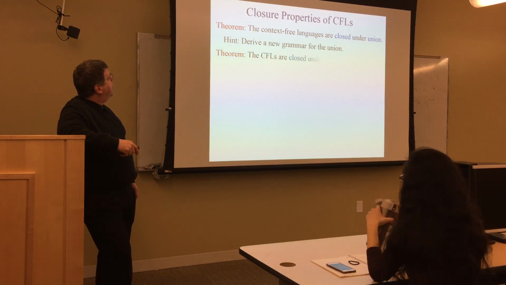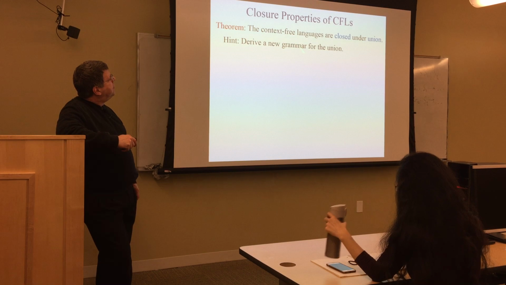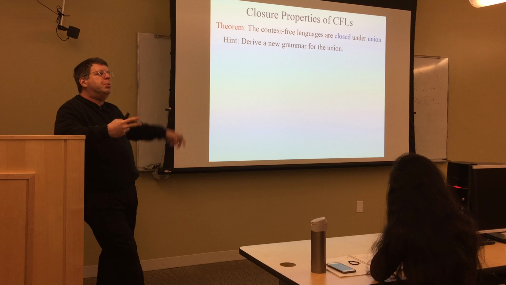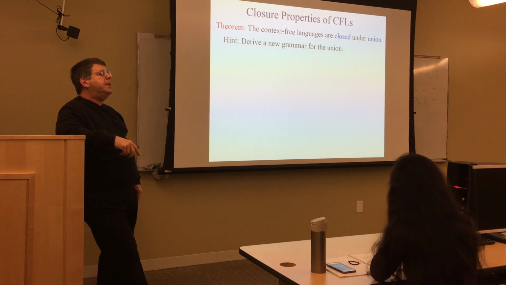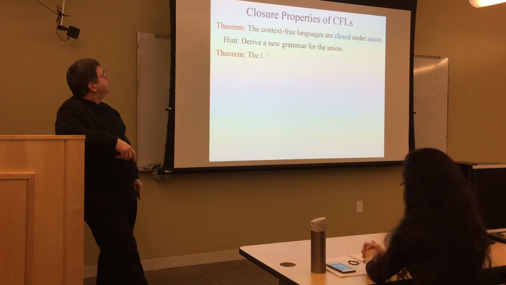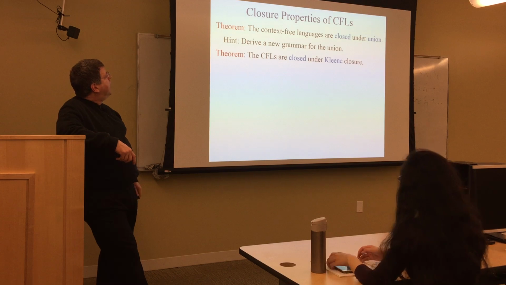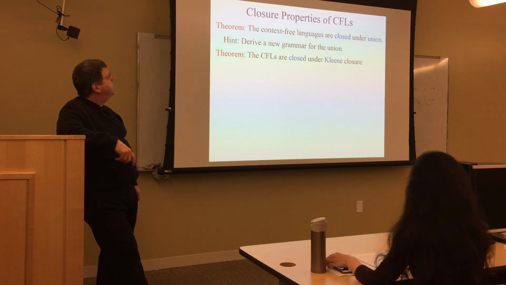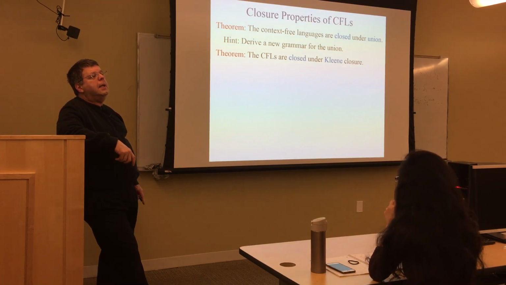Okay, so you can derive a grammar for the union, or you can do it machine-based with a PDA. Any questions about these 2 different proofs that we just went through? And so you see the hang of it. The context-free grammars are closed under Kleene closure. How would you prove that? It's just unions, a set of union operations.